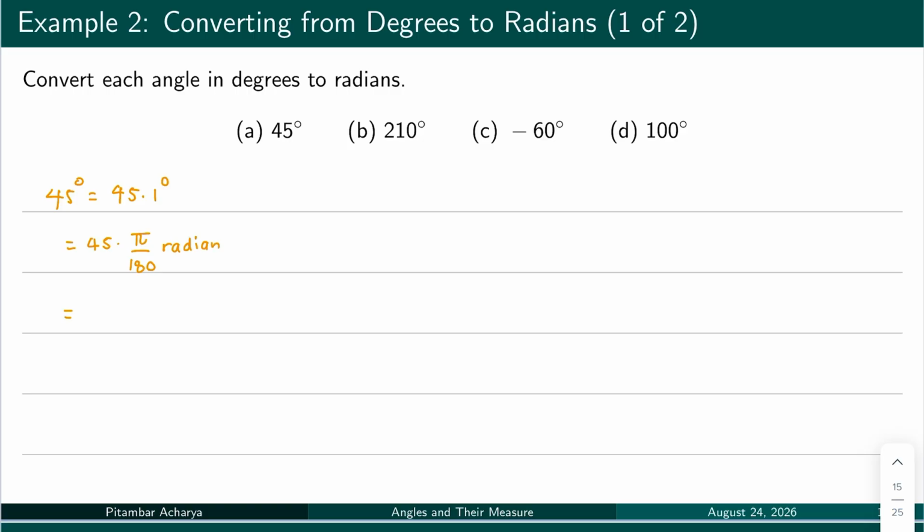So this is equal to pi over 4 radians when we reduce the fraction. What about 210? For B, 210 degrees equals, similarly, 210 times 1 degree, which is equal to 210 times pi over 180 radians.